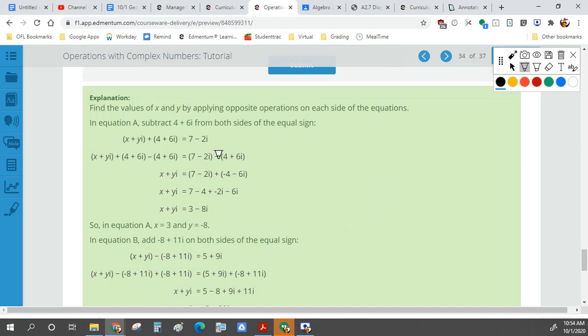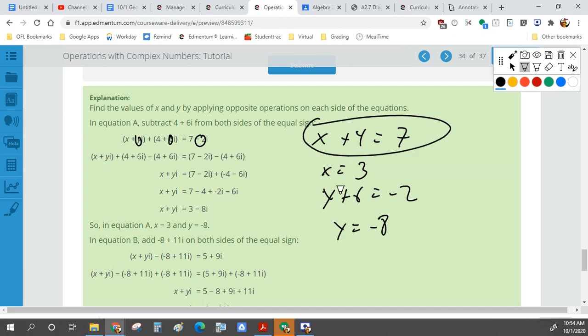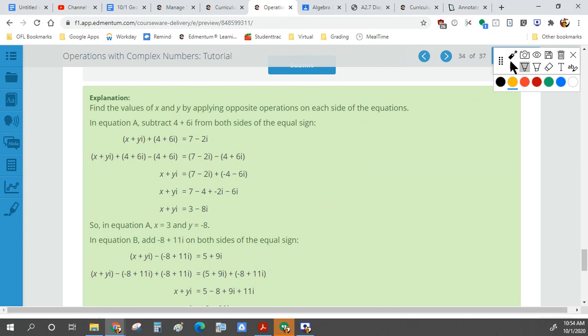They're like, hey, let's just put this as x plus 4 equals 7, which I guess works too. That gives you x equals 3, and then y plus 6 equals -i. They're just literally taking these numbers right here. This is another way I like doing it and solving it as two equations. So this yellow equation is this plus that. So that's another way of solving it.